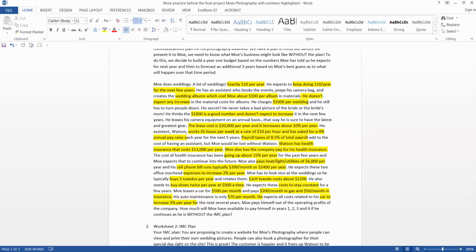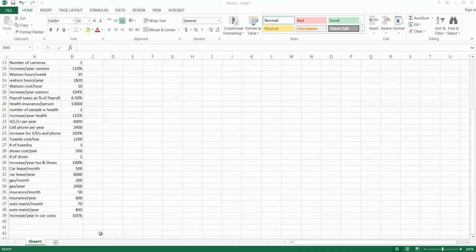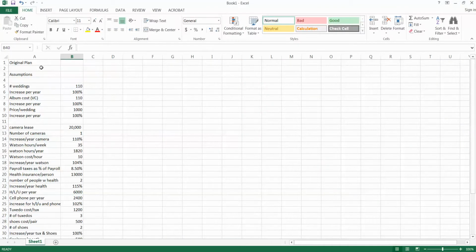First, I've already taken a little bit of time and input all of our assumptions. I began with our number of weddings and included an increase per year for those. I should name that increase per year weddings, and also our increase per year album cost, and our increase per year price.